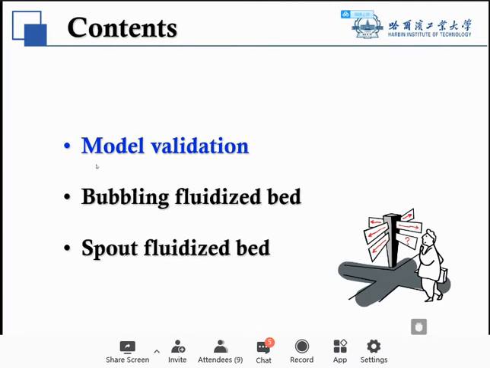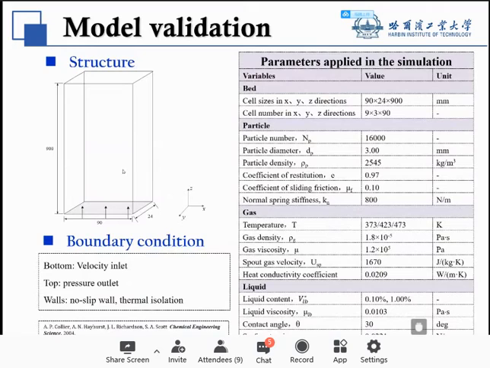Here I will introduce the model validation for the models I introduced before in the second part. The left figure is the structure I used, and I also wrote down the boundary conditions for the simulation. If you do a simulation, you should tell the listeners the structure, the mesh size and the boundary conditions, because they are very important parameters for numerical simulation.